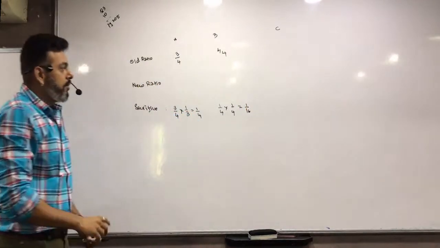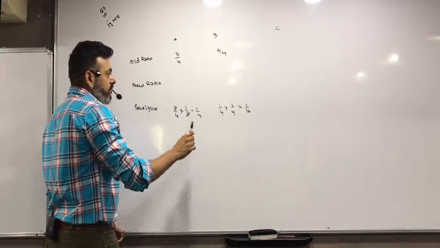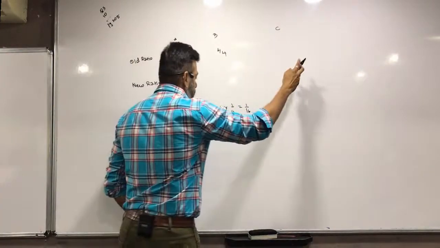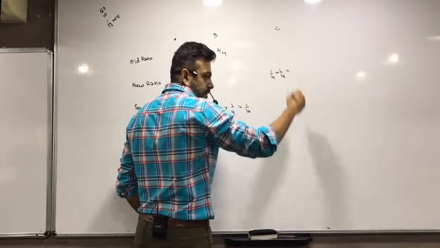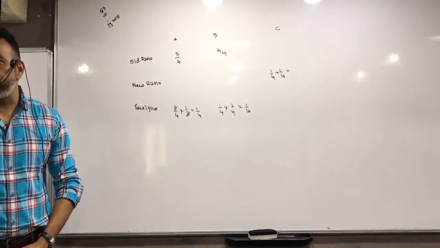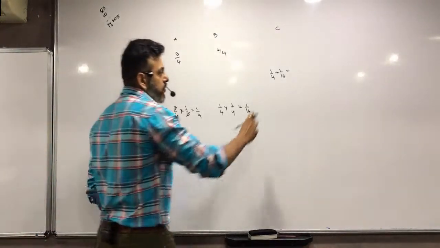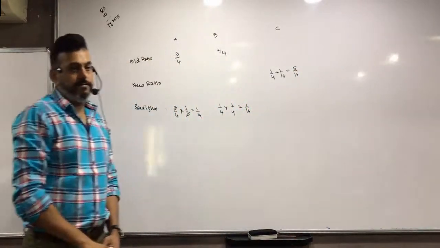Now let's check. New ratio of C is 1 by 4 plus 1 by 16, which is equal to 5 by 16.